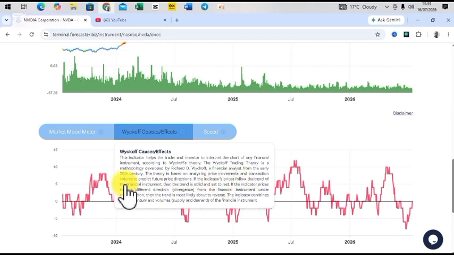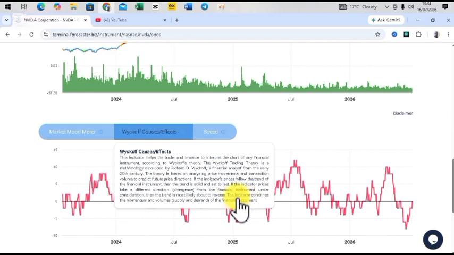If the indicator takes a different direction, if there is a divergence from the financial instrument under consideration, then the trend is most likely about to reverse. The moment you see that the indicator is moving in a different direction from that of price, that means there is likely to be a reversal. In the Wyckoff causes, we haven't seen a divergence, and that signals a stronger trend.